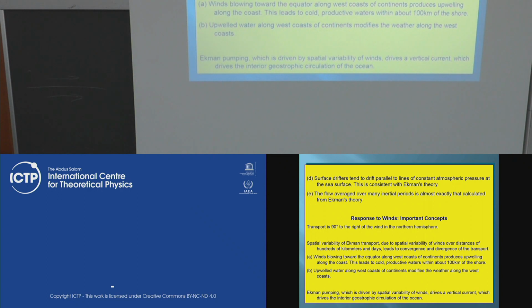And the Ekman transport is to the right-hand side in the northern hemisphere. Sorry, this is wrong. These are not easterlies. These are easterlies. The wind is blowing from the east.